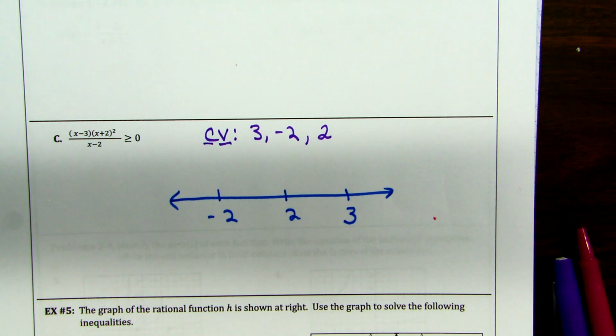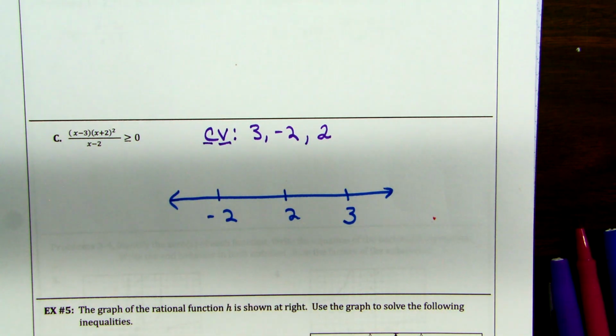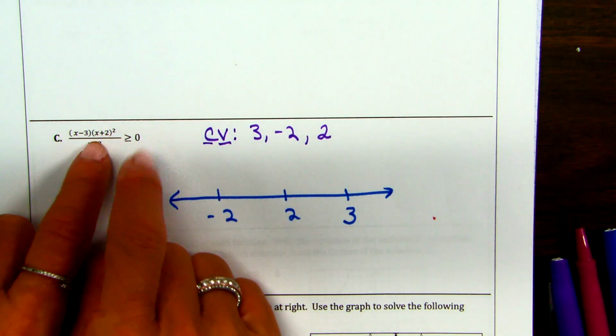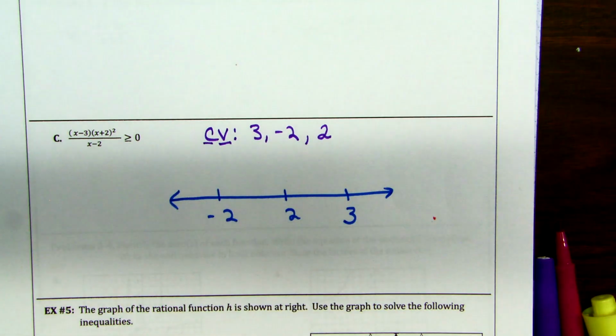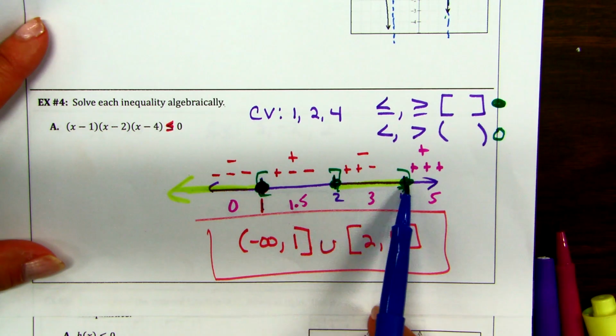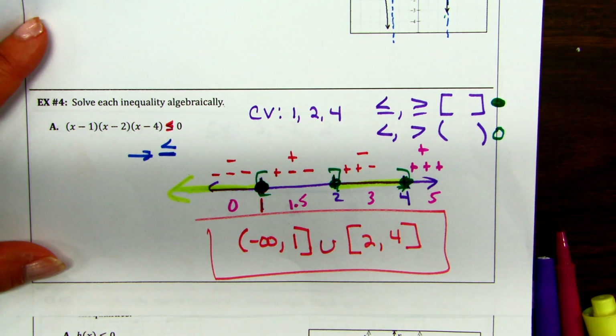And I'm going to go, this is really the only added part of this problem, is I'm going to just set up the x-axis with open or closed circles to make my answering easier. So listen here. If you are in the numerator, you're a 0. And if it says greater than or equal to, just like we did on the last one, we had closed circles on all of our zeros because it had the equal to sign under it, okay?